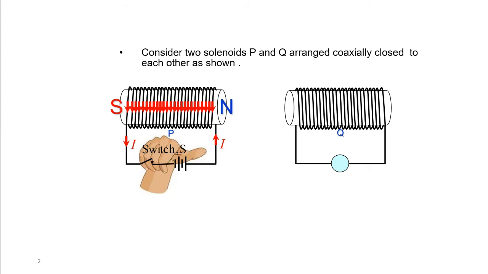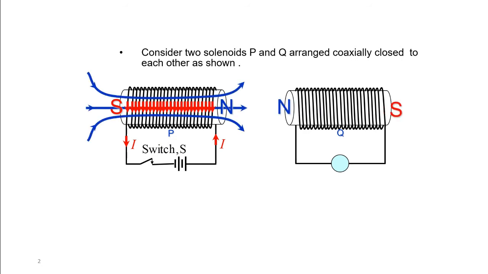Each represents an increase in flux that occurs when the current changes. Since solenoid Q is close to solenoid P, it will also detect an increase in the flux. The magnetic flux through solenoid Q also increases with time.